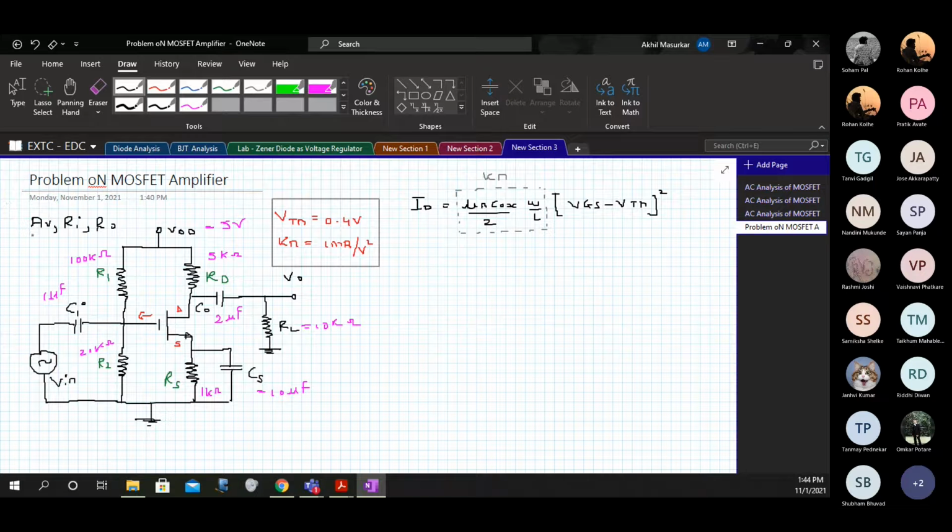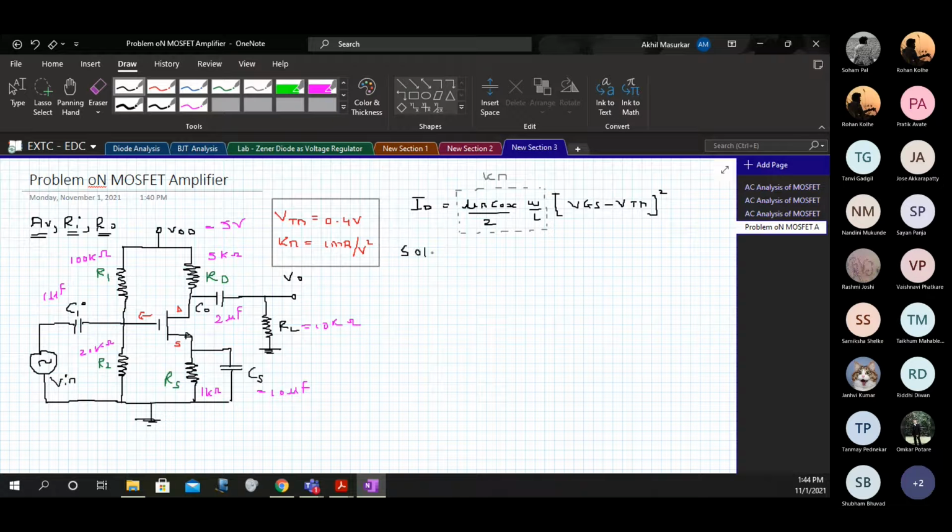This is what we have to calculate. So let us start with the solution of this problem.